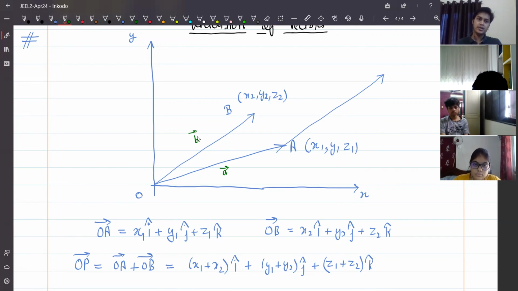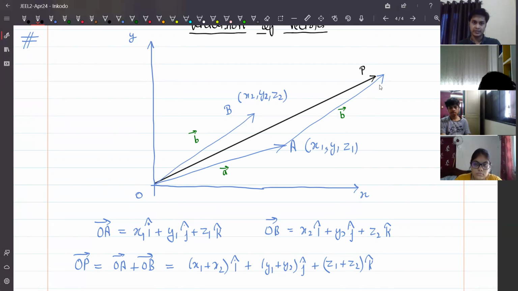To add B vector, you keep the tail of B over the head of A. And your resultant will be from the initial point to the final point. This I am writing as the OP vector. So OP vector is the sum of the first vector A plus the second vector B. This is my resultant.